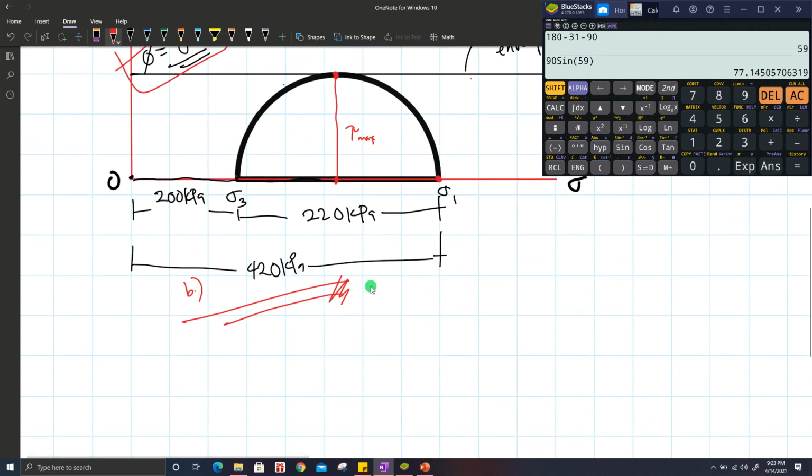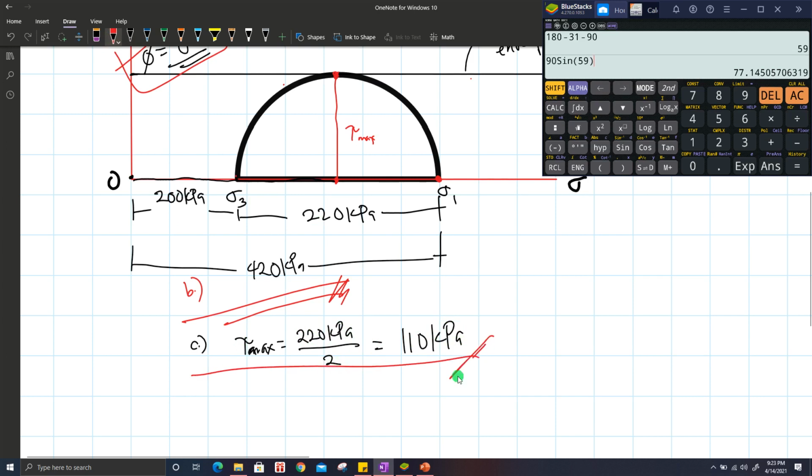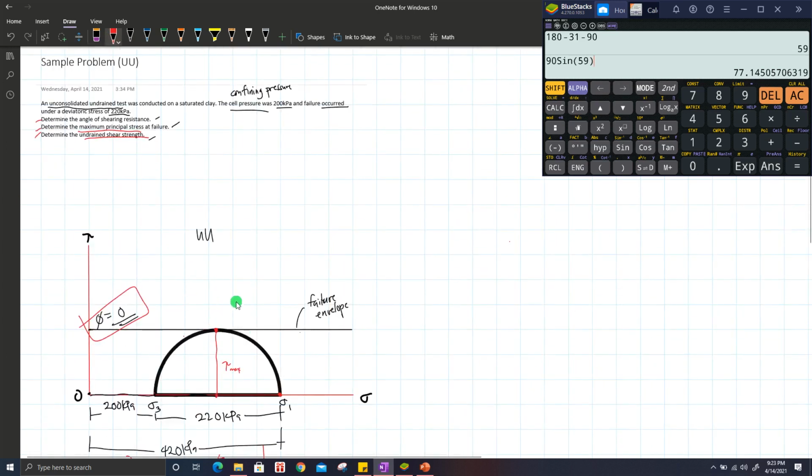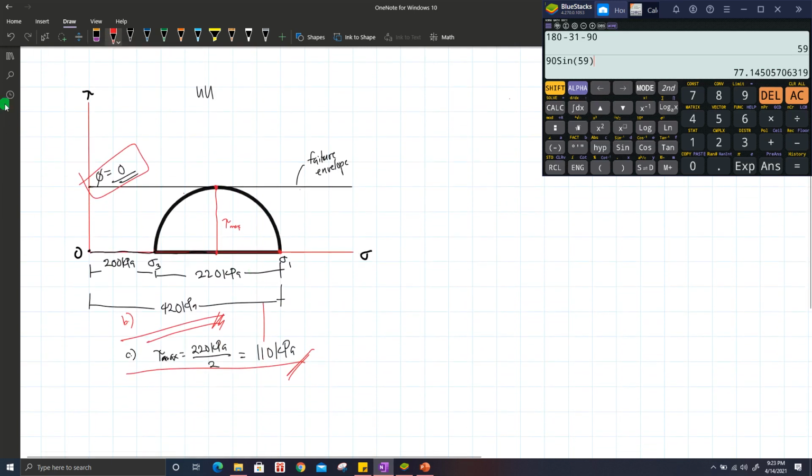So, yung tau max is just yung radius ng semicircle. So, kung meron tayong deviator stress na 220 kilopascal, divide lang natin siya sa 2. So, that's 110 kilopascal. Yun na yung sagot dito. So, madali lang kapag unconfined, undrained test. So, simple lang ang drawing.